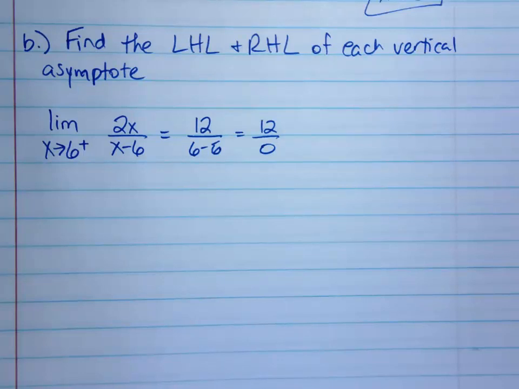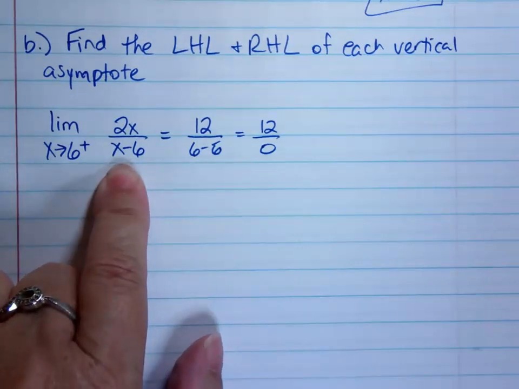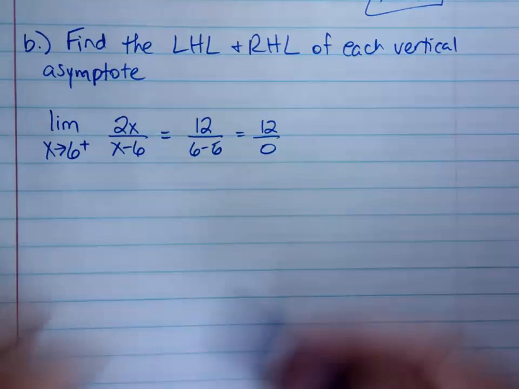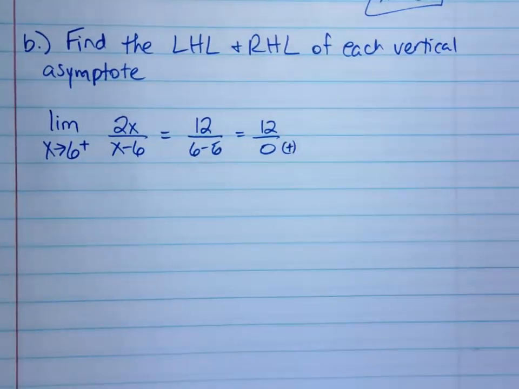Give me a number to the right of 6 that's close to 6. 6.1 is better than, say, I wouldn't pick 7. I would pick 6.1, okay? Now go back to here and look at the denominator only. What sign will the denominator be if I plug in 6.1? It'll be positive. So that tells me this is a positive number very close to 0.